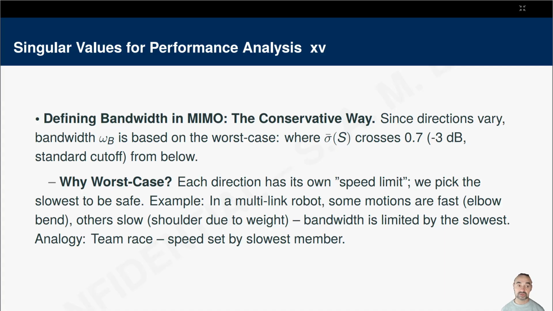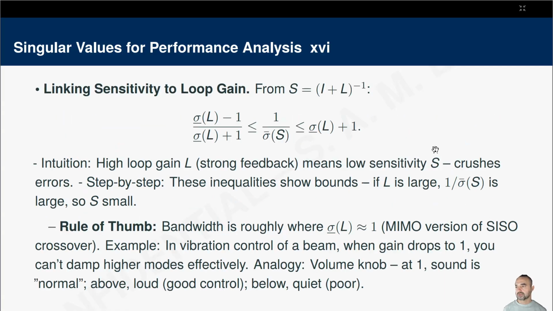We have to choose the most conservative one. 0.7, if you recall, corresponds to -3 decibels for magnitude, a standard engineering convention. Let's link that to sensitivity and loop gain.